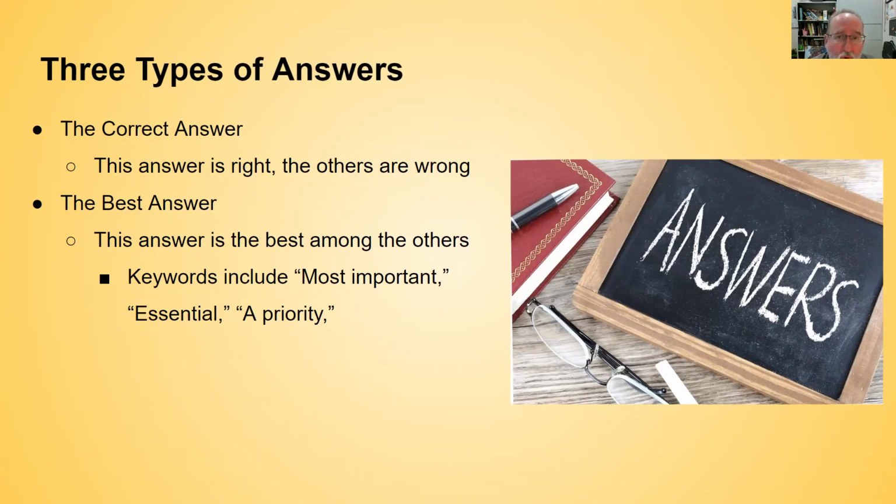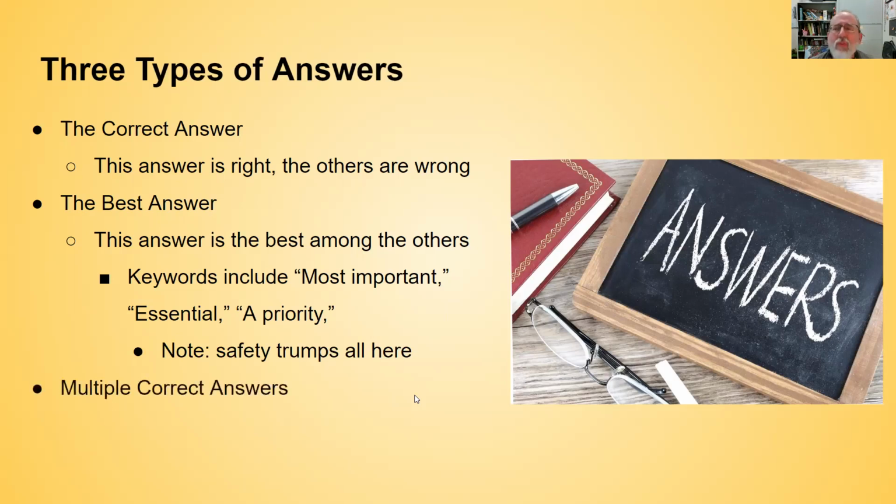Now, one of the simple ways to find the best answers, think about safety. Safety trumps all. No one's going to put you in a question that's going to put you in a dangerous situation. So when you're trying to figure out which one's best, which one's the most important, if it's a safety issue, the safety thing has to be the correct answer.